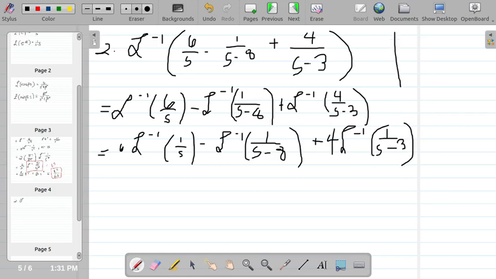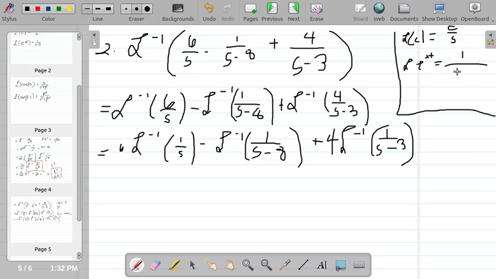We know that the Laplace transform of a constant is c over s, and the Laplace transform of e raised to the power of gamma times t is 1 over s minus gamma.